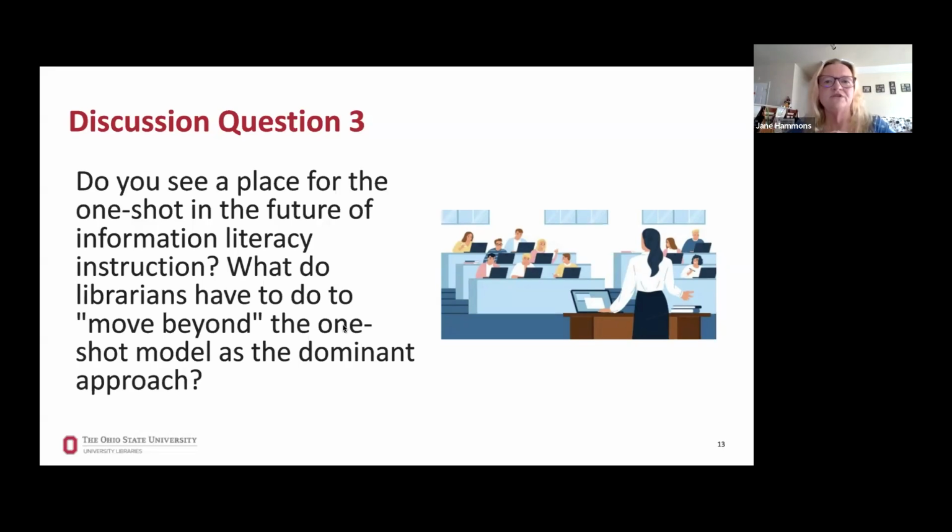Can you show the students the databases? As hard as it can be for us, sometimes we have to be able to say no to some of those sessions where we know it's not really going to be educationally effective for our students.